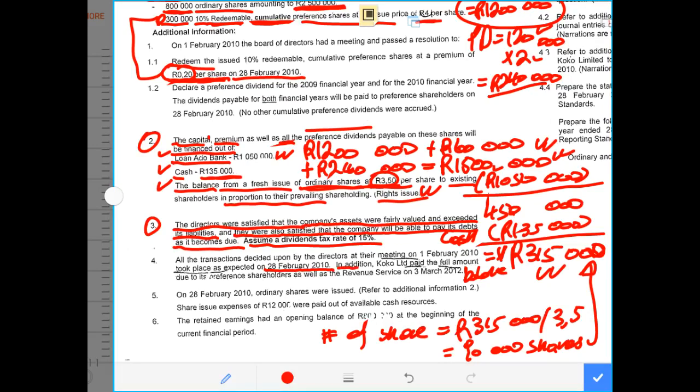And they say in addition, Cocoa Limited paid the full amount due to the preference shareholders, as well as the receiver of revenue, or revenue service, on the 3rd of March in the year 2012.